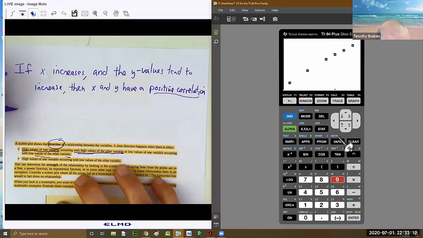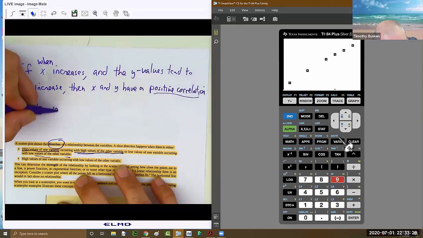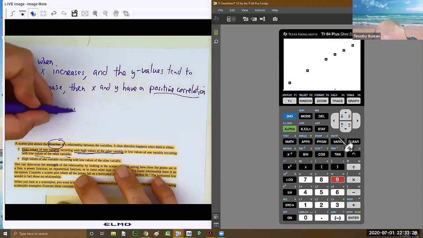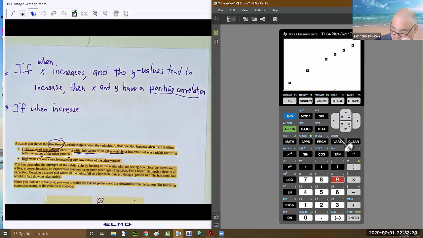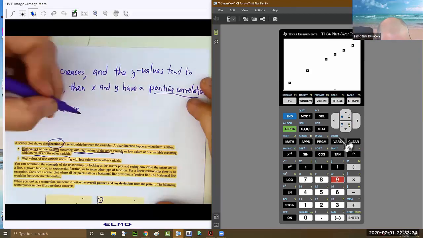On the other hand, if when X increases, the Y values tend to decrease, then you've got two variables X and Y that are negatively correlated.